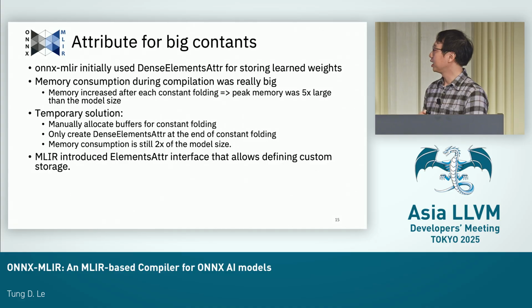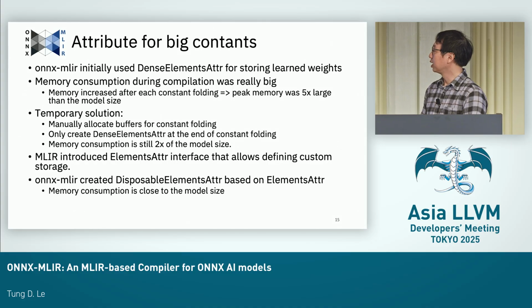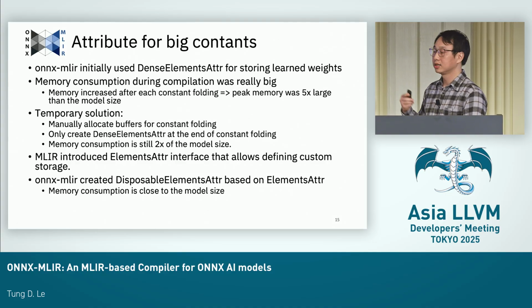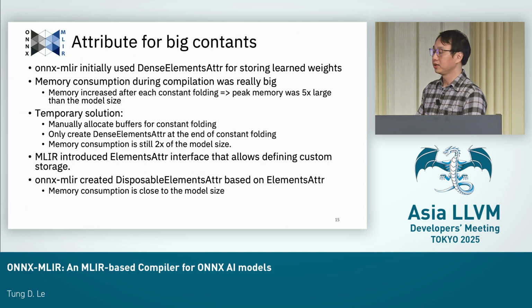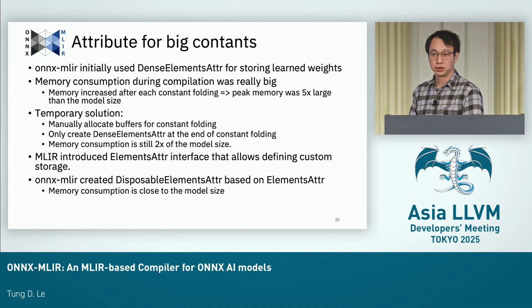And finally, MLIR introduced the element attribute interface that allows us to define our own storage for the attribute. In the compiler, we created a disposable element attribute based on this interface. And so far, we are quite satisfied with the memory consumption. It's quite close to the model size.